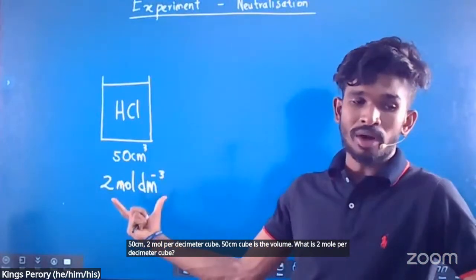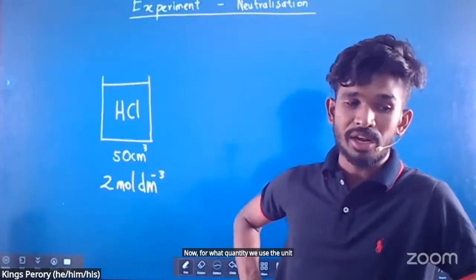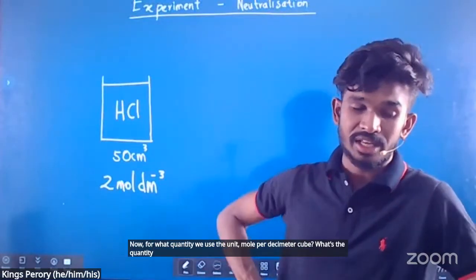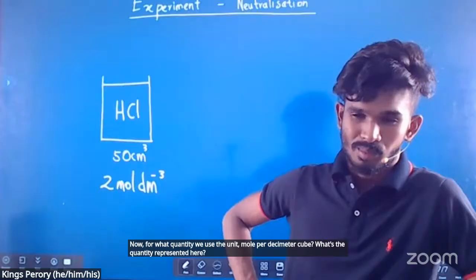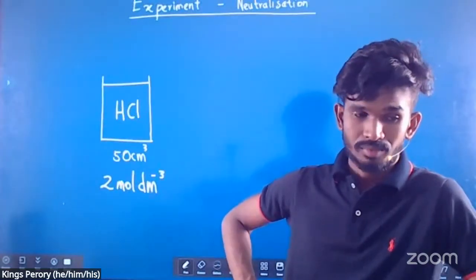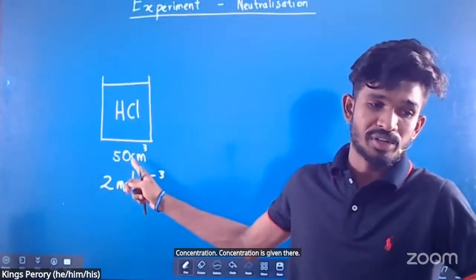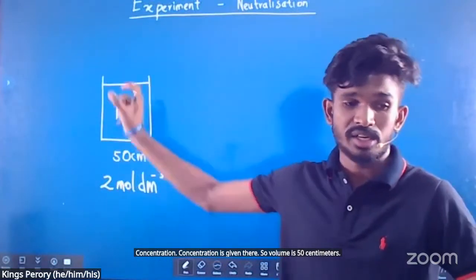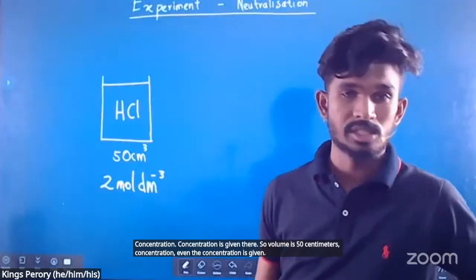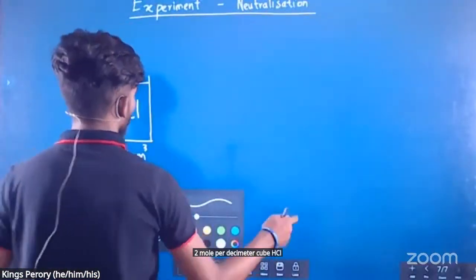Now, for what quantity do we use the unit mole per decimeter cube? Concentration. So the volume is 50 centimeter cube, and the concentration is given: 2 mole per decimeter cube HCl solution into a beaker.